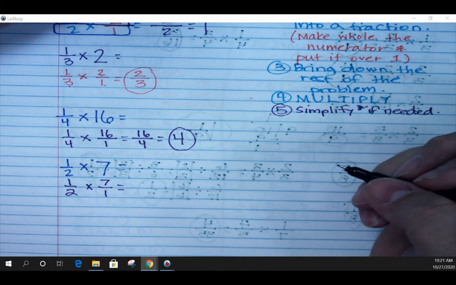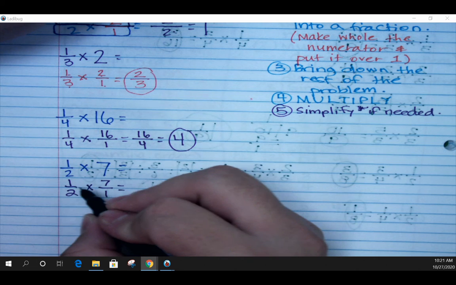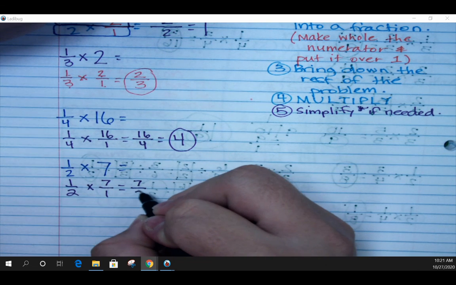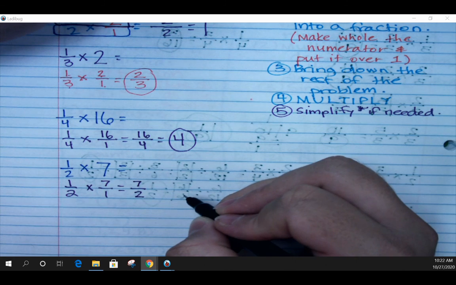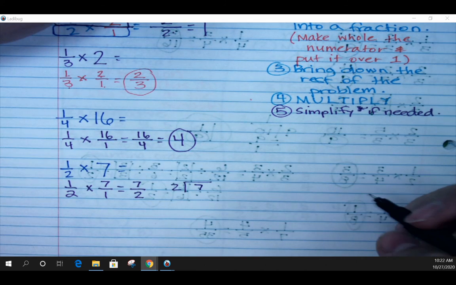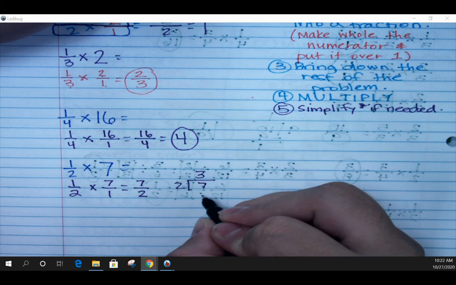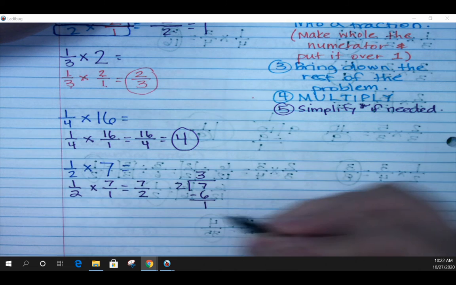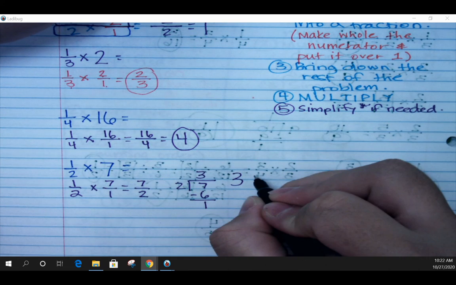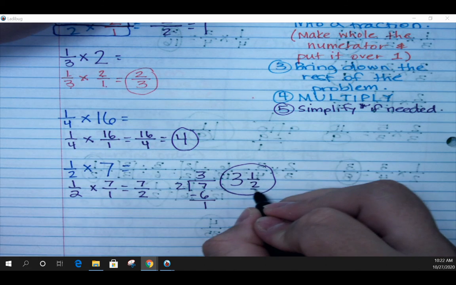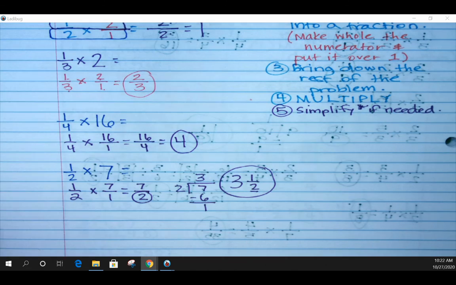Now what? 1 times 7 is? 2 times 1 is? 7/2. 2 goes into 7 how many times? 3 times. 3 times 2 is? 7 minus 6 is? 1. 3 and 1/2. How do I know that 2 is the denominator? Because it's the denominator here. Boom.